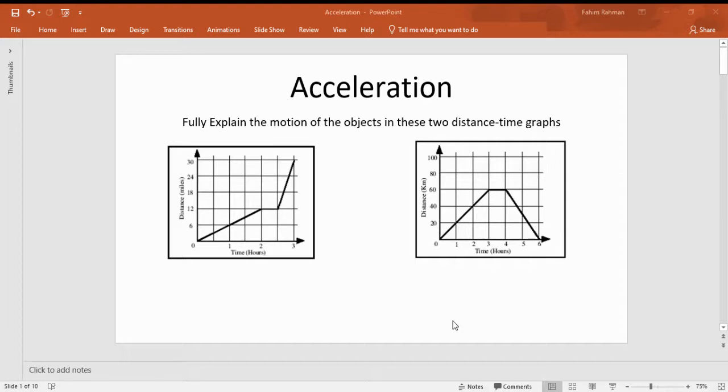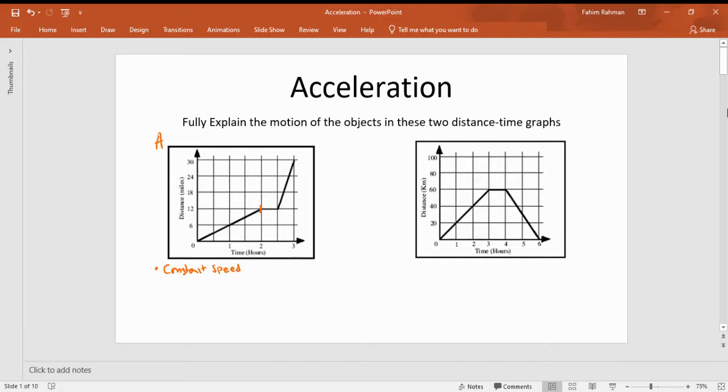Okay, so if we have a look at this first one, we'll just call it A. From 0 to this part here, we've got a gradient. And if you can remember from last lesson, a gradient of a distance time graph shows us a constant speed. So the first point we're going to write down is that we have constant speed.